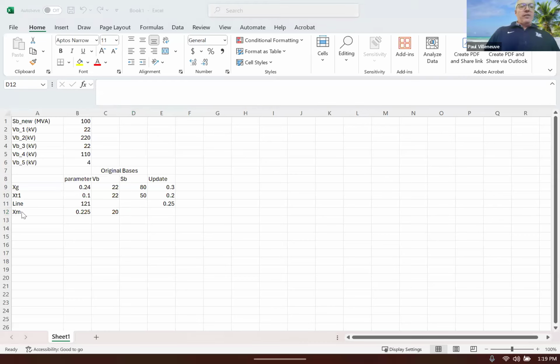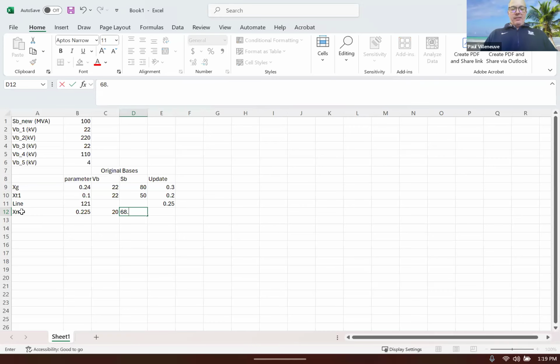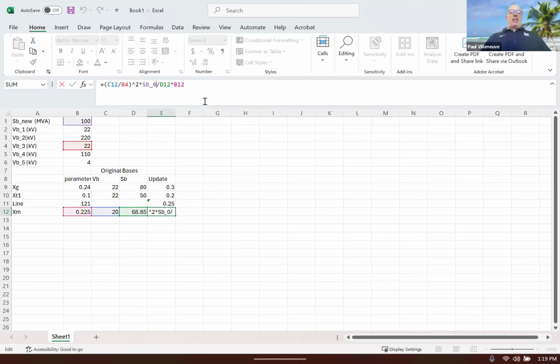S base is a goofy number, 68.85. And I'm going to copy this formula over here into here. The only thing that I need to change is, actually, I don't need to change anything, right? Because the actual region that I'm in is region 3, isn't it? Where that motor lives is in region 3. So everything else looks like it's correct.